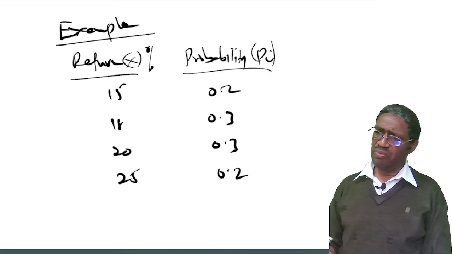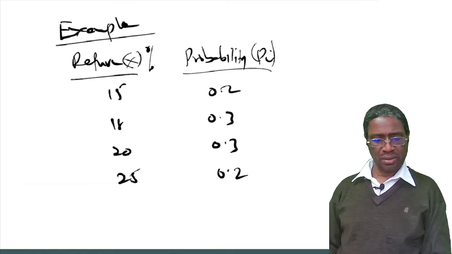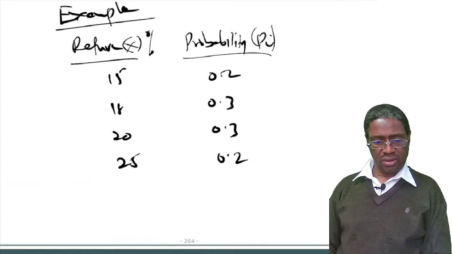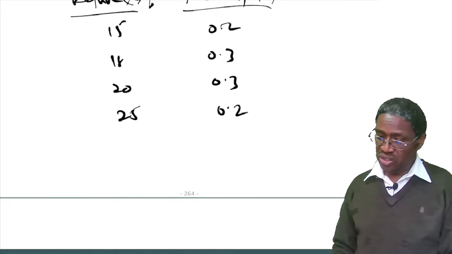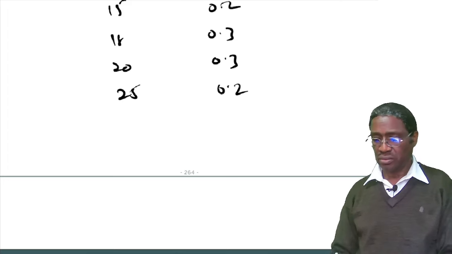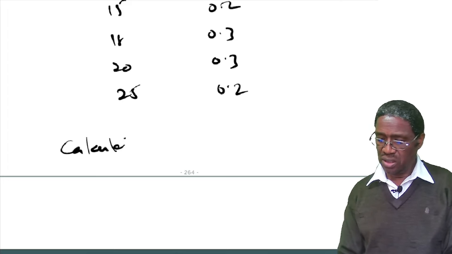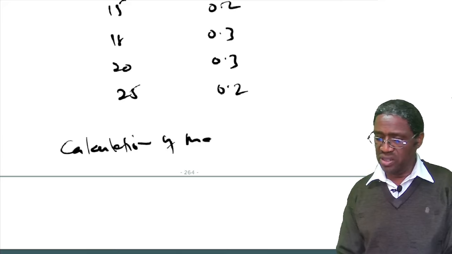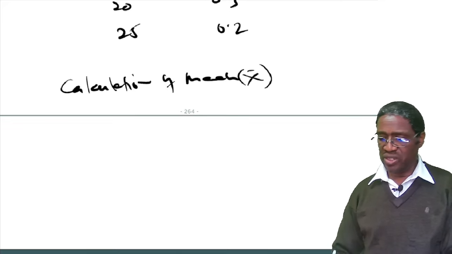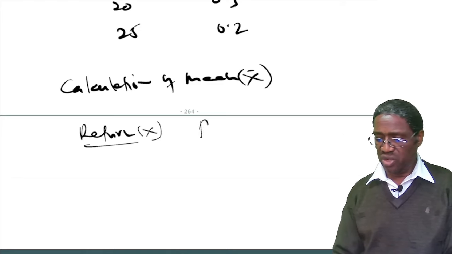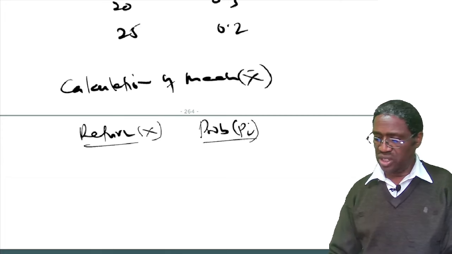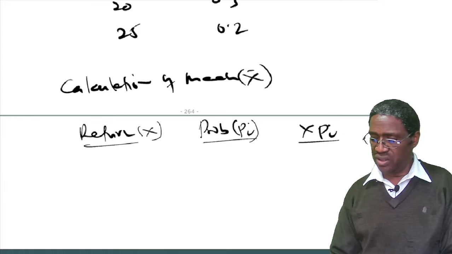First, you know you must calculate the mean. So let's compute the mean first. Calculation of mean X bar. Let's put it in the form of a table. We have return X, probability pi, then we shall have X times pi.